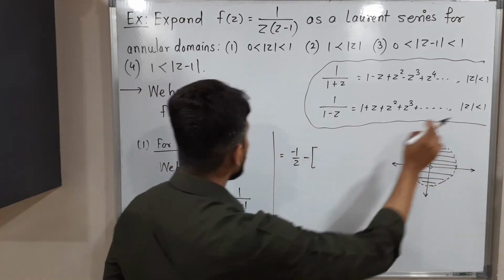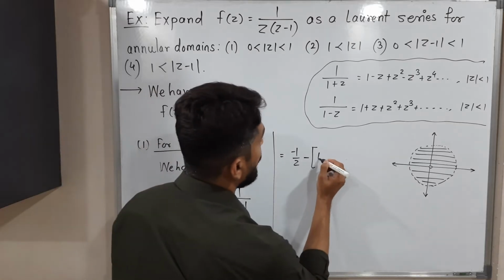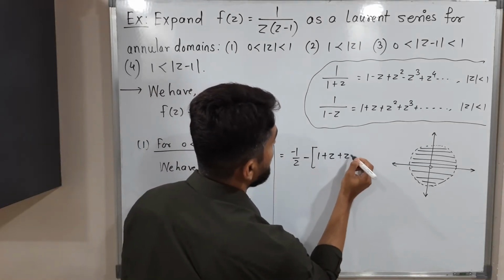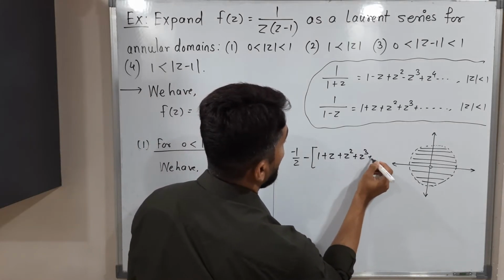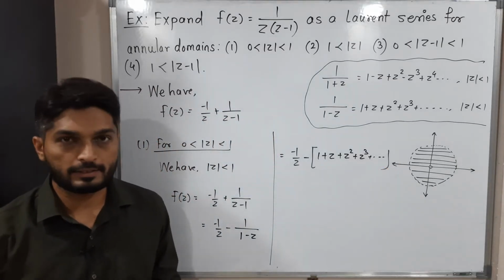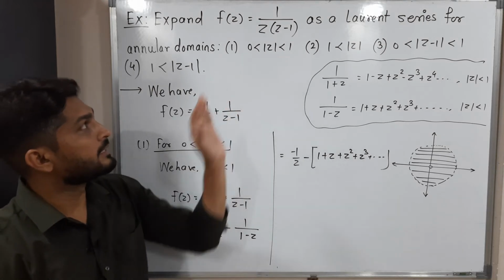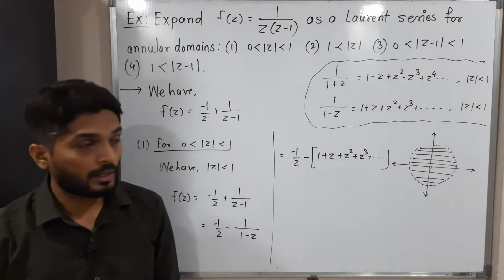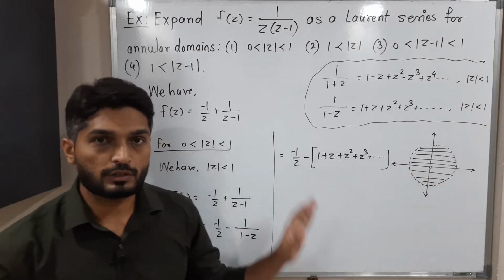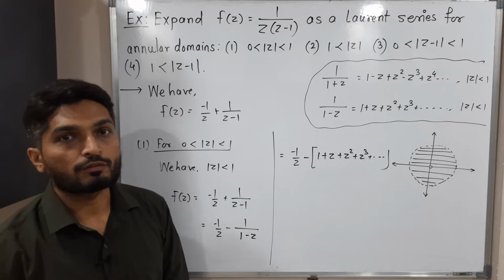And the condition is also satisfied. So definitely I can use this expansion and I can write 1 plus z square plus z cube and so on. This way I got the Laurent series. That's it. It is over. So the first task is over. That means we have considered the case 0 less than mod z less than 1, and this is the region of convergence which they have already given to us, right? Okay, so I got the Laurent series for the first region.